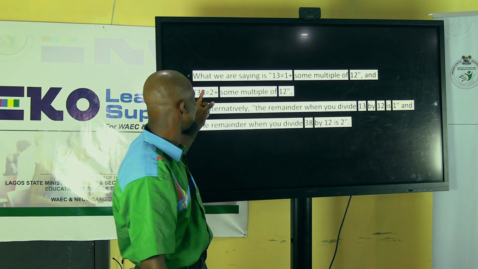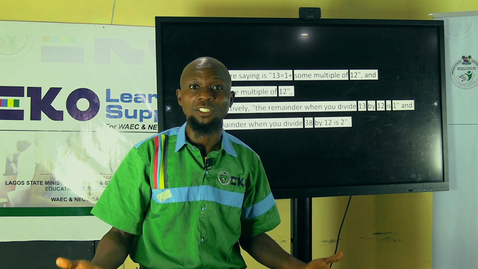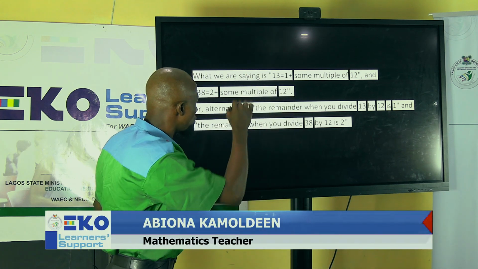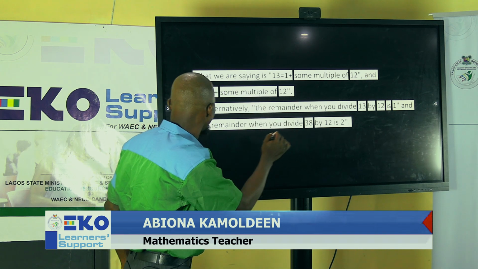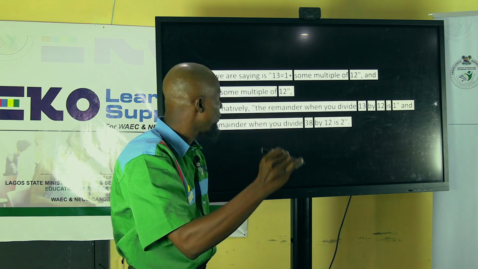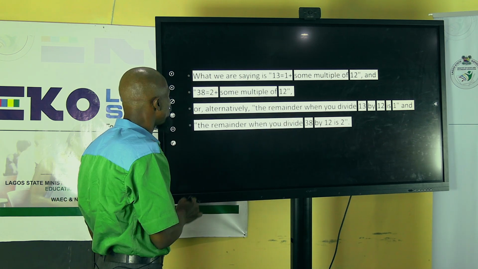When you divide 38 by 12, you get 3, remainder 2. So instead of 38, it goes back to 2. If it is 39, it will go to 3, 40, 4, and so on. So that is what we mean by modular arithmetic.